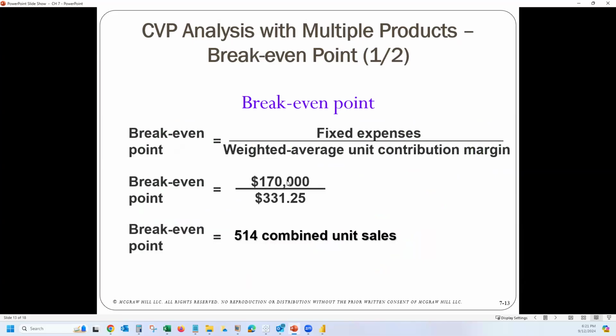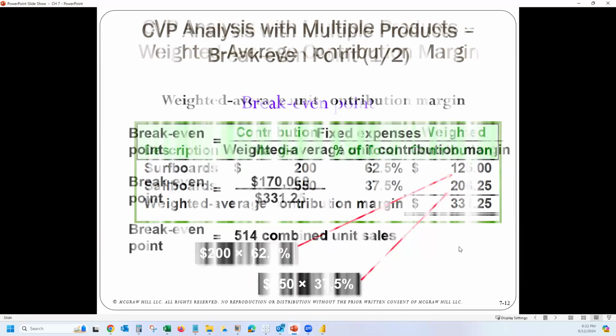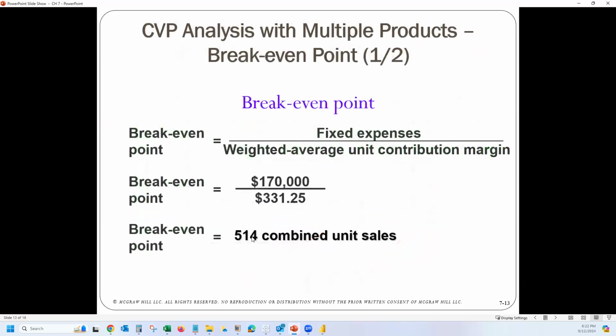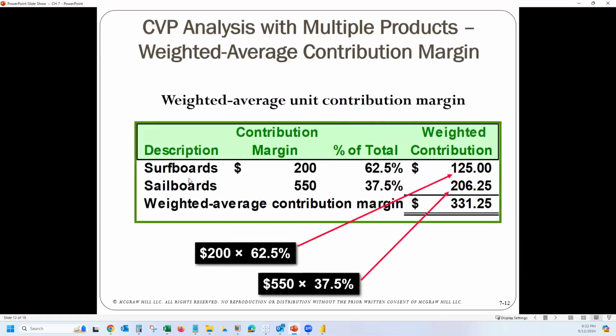When we know the company total fixed cost, we'll divide it by the joint contribution margin for both products, which is $331.25. That will give you 514 units that must be sold jointly from the two products, which is the softboard and the salesboard combined.